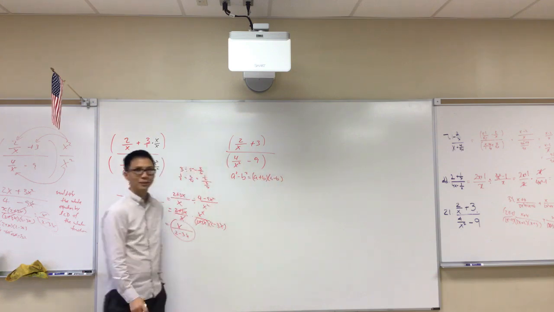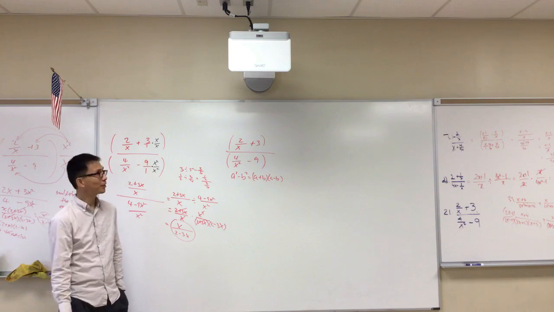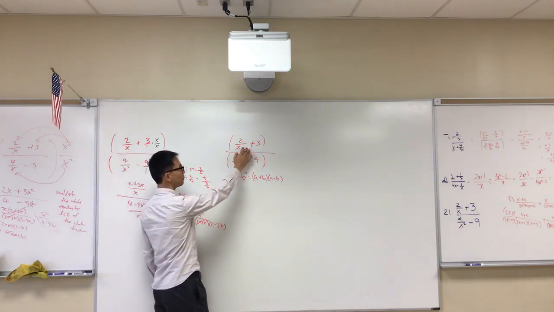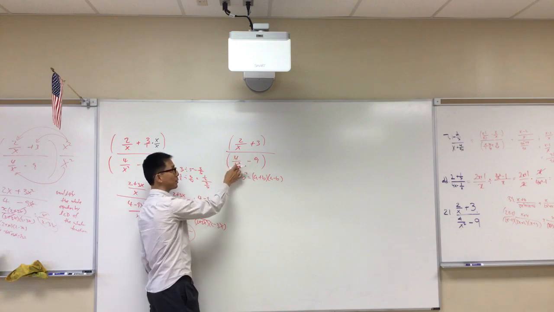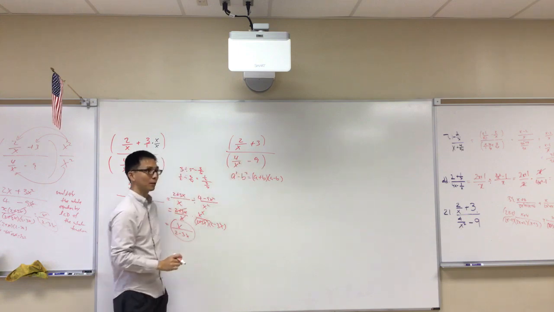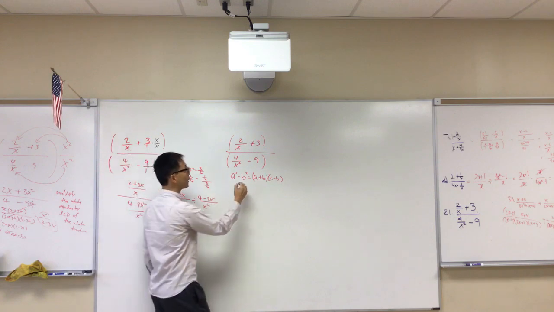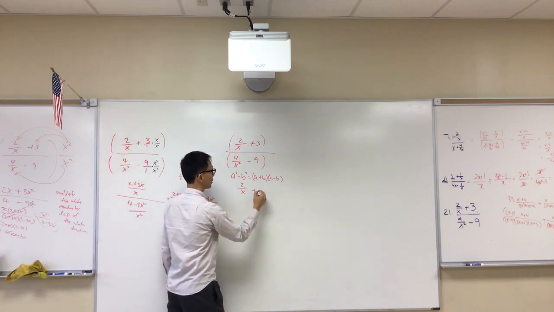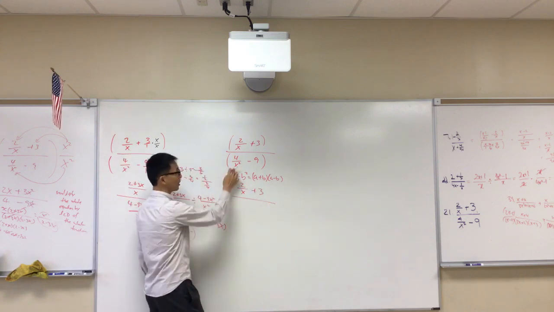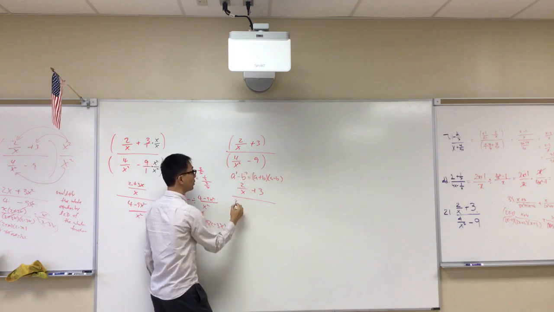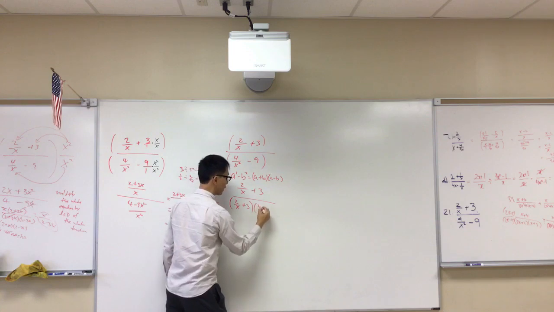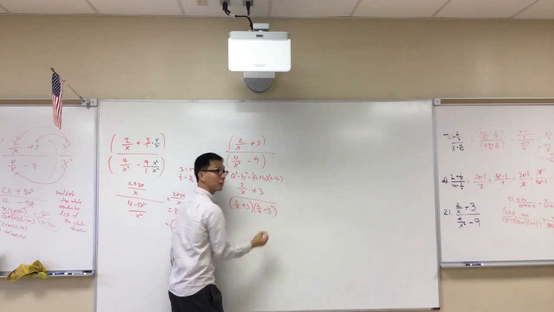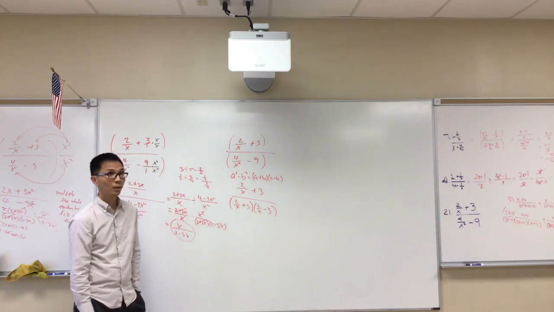Right? You see that's the difference of squares. And you see the top part doesn't have that. The bottom has, this is a perfect square, this is a perfect square, this is a perfect square. So can I rewrite that? 2 over x plus 3, and then 2 over x minus 3.